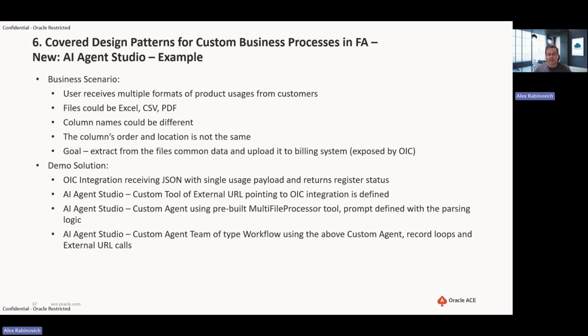A custom agent utilizing a multi-file processor tool with a prompt that we created that can parse all those different formats and bring us back the result in a common format. And a custom agent team of workflow type that can utilize the agent for parsing, create loops of the results, and call external APIs.